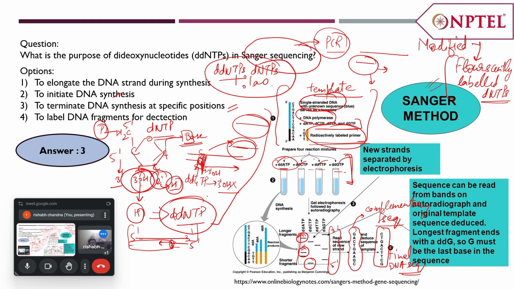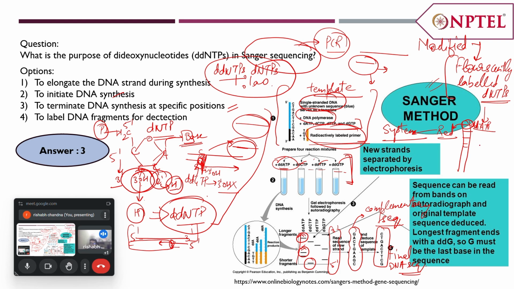Likewise, we run this in a capillary instead of an agarose gel. So whenever, for example, ddATP is incorporated here, it will show a particular color, and that will be detected by the instrument.